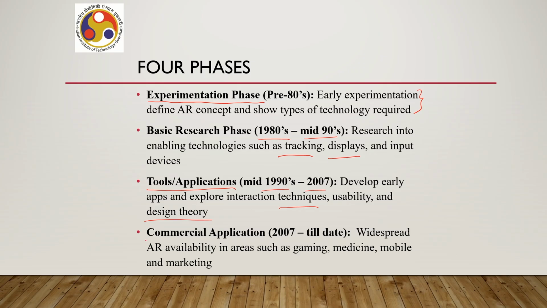Finally, we have commercial application phase starting from 2007, which is continuing till date. Now, during this phase, widespread AR availability was there, and still we can see newer and newer applications coming into the market in different domains such as gaming, medicine, mobile, commerce, marketing and so on.